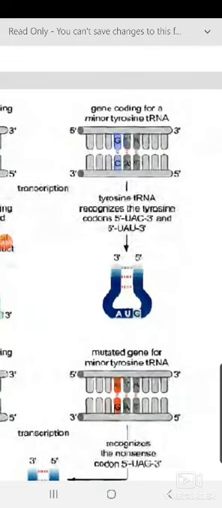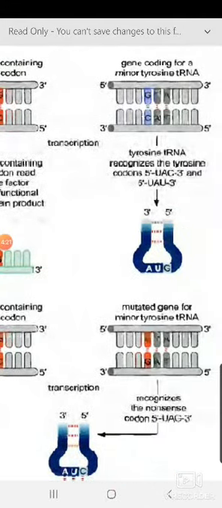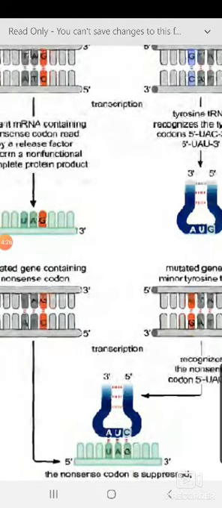Tyrosine tRNA recognizes the tyrosine codons 5' UAG 3' and 5' UAU 3'. So this should be UAU. Instead of that, it will now recognize UAG. Now it is a tRNA I'm showing, so 3', 5'. Remember, this is 5', 3'. So somehow, because of the mutation, this tRNA can now recognize this UAG, which is a stop codon.